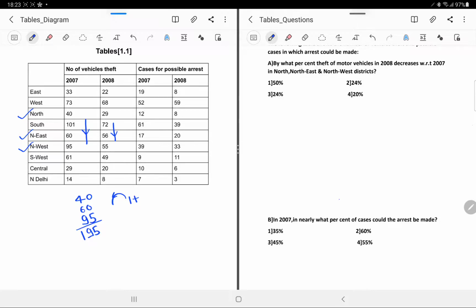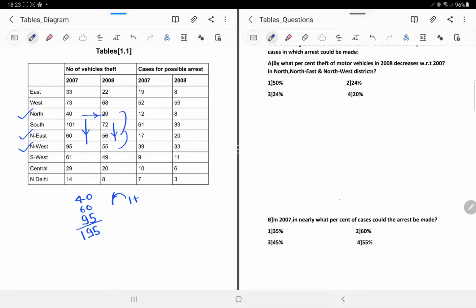By what percentage did theft of the motor vehicles decrease? Now let's try to do this. We can calculate 29 plus 56 plus 55, or we can subtract it directly.